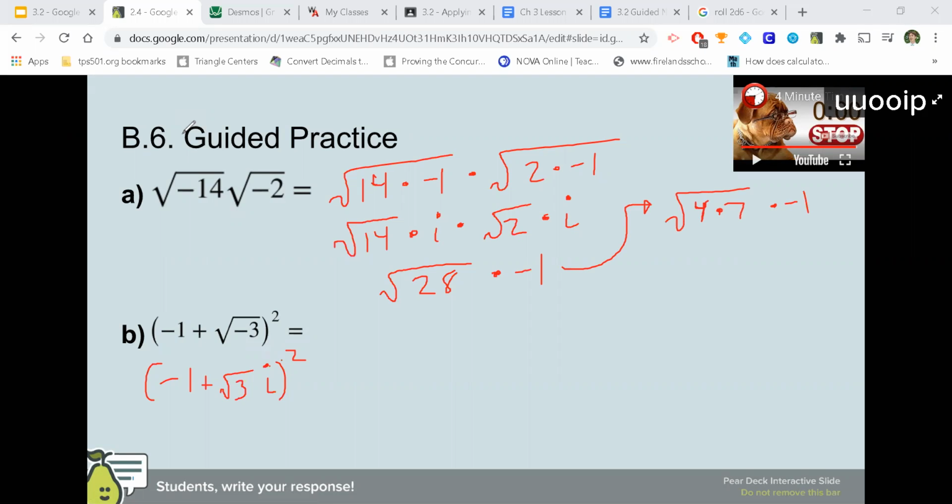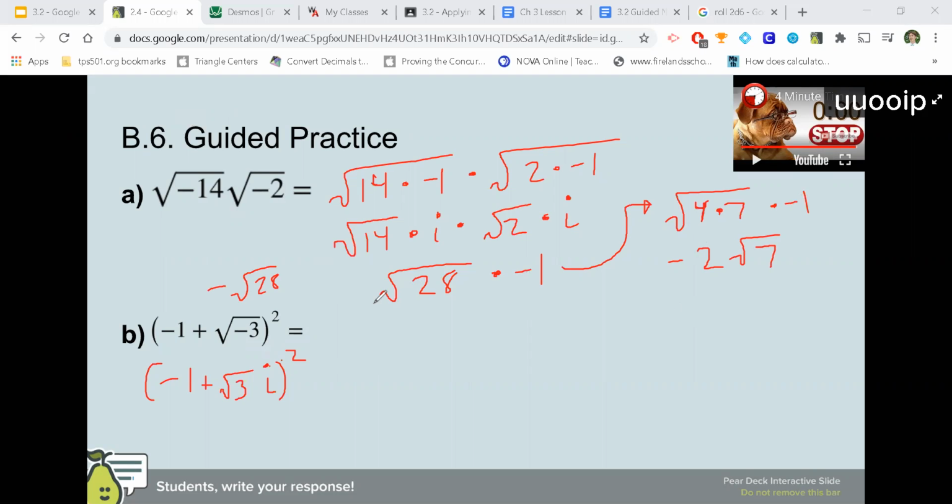The square root of 4 would be 2. So I'm going to write this as -2 square root of 7. Square root of 4 is 2, and I'm going to go ahead and apply that negative now. I really could have put the negative out in front here. If you wrote this line instead as negative square root of 28, that would have been fine too. Either is okay for your third line.